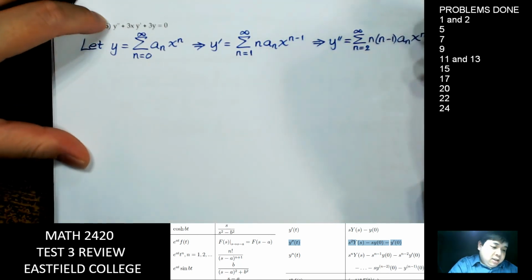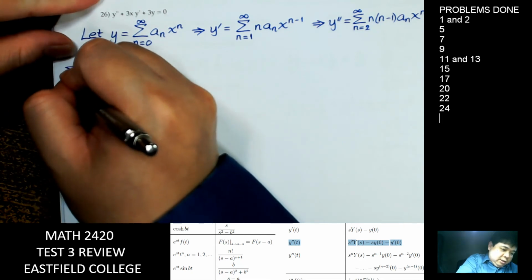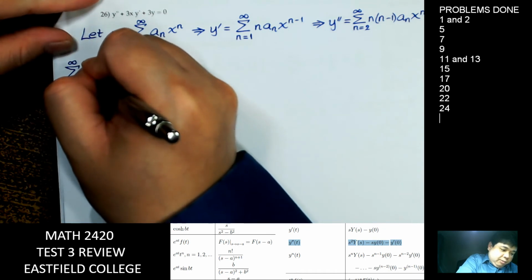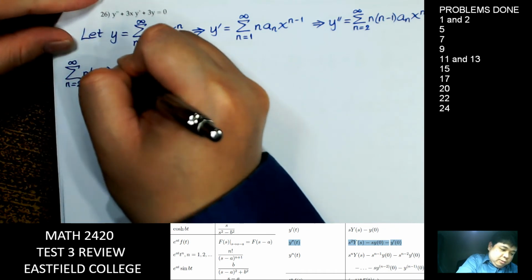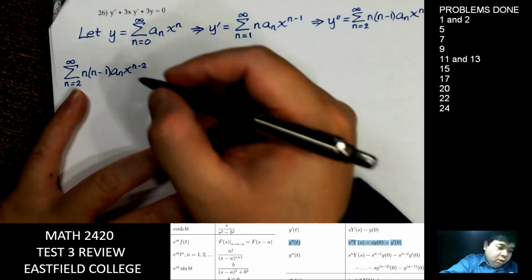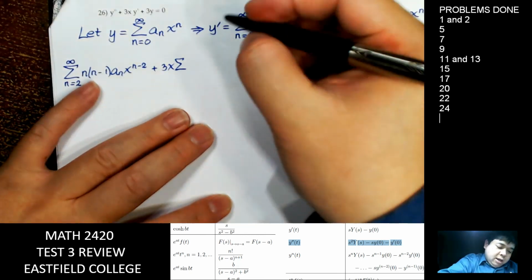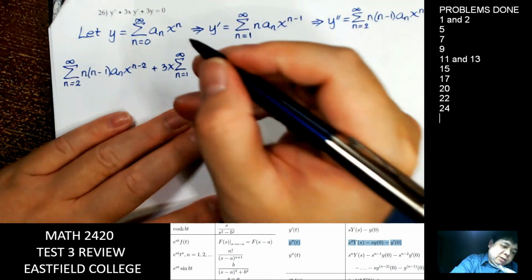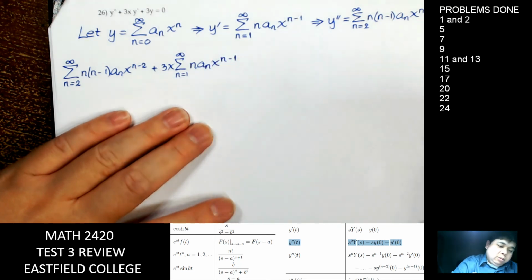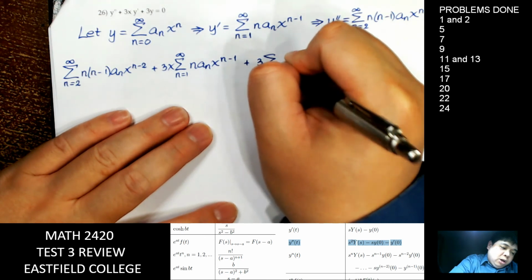Now we substitute into that second derivative, plus 3x times the first derivative, plus 3 times original function.